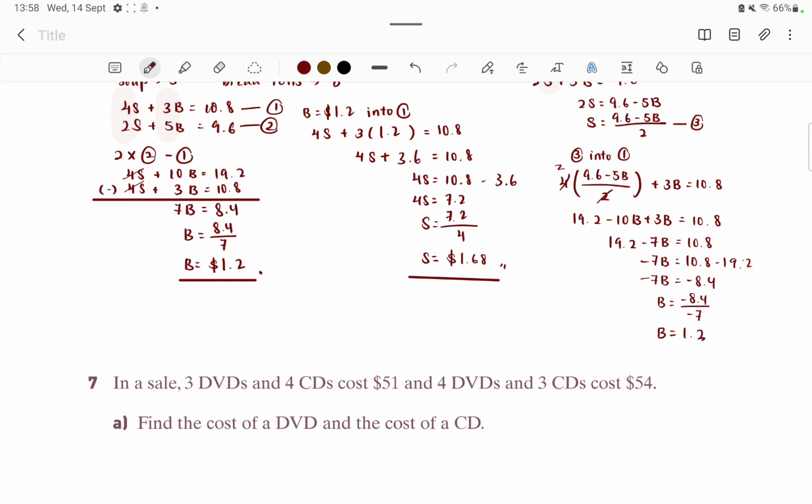And then 7.2 divided by 4, you should get 1.8.